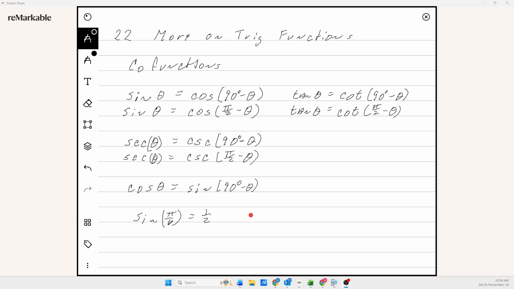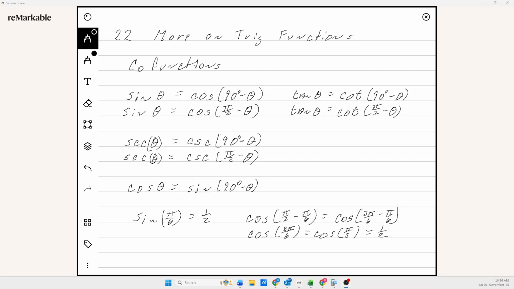And then if we want the cosine of pi over 2 minus pi over 6, well, let's see, that would be the cosine of 3 pi over 6 minus pi over 6, which is the cosine of 2 pi over 6, which reduces to the cosine of pi over 3, which we know is 1/2.